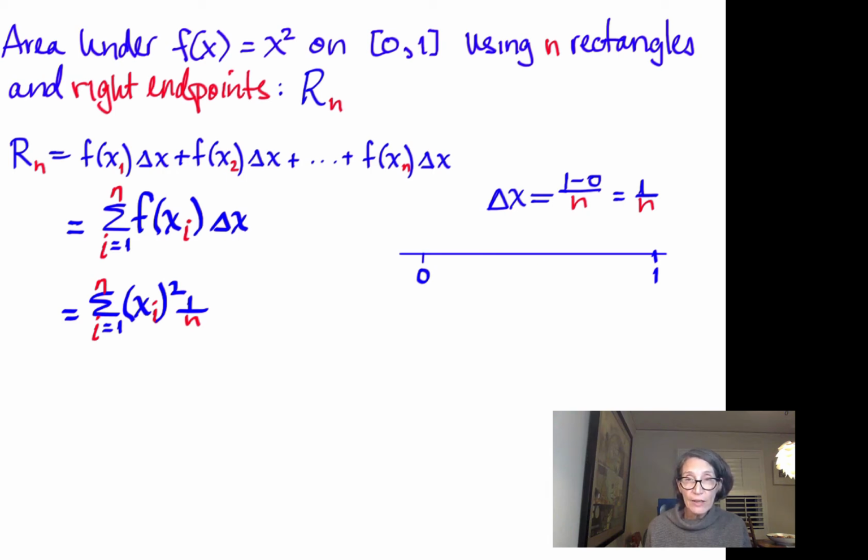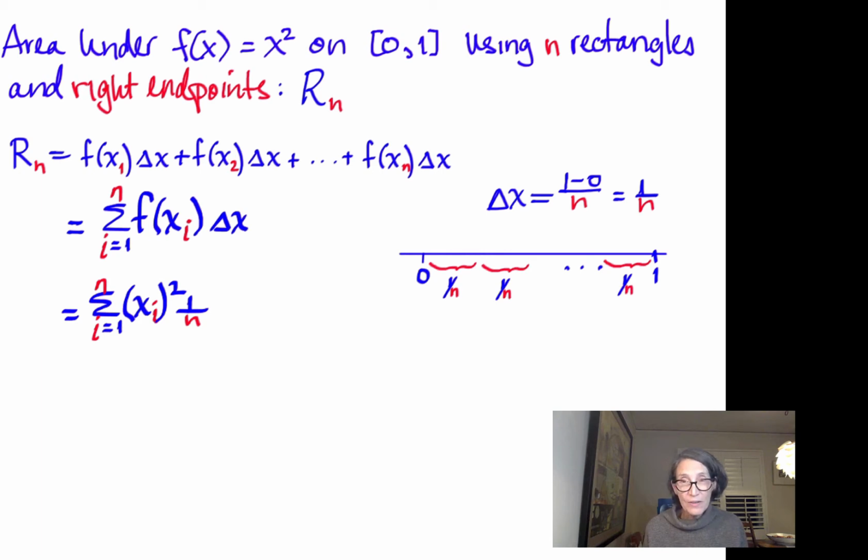So let's look at that interval again. Each xi is a right endpoint, right? So the first right endpoint is going to be a distance of 1 over n away from 0. We just move over a distance of 1 over n. And then the second one, we're going to move over another 1 over n. And then we're going to keep doing that till we get to the last right endpoint.